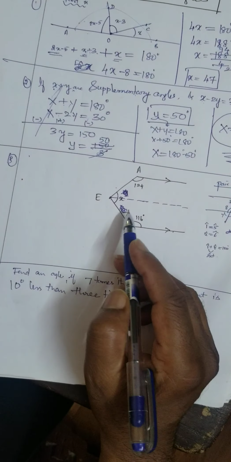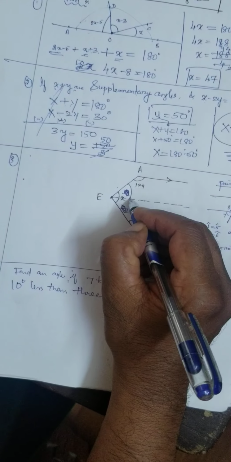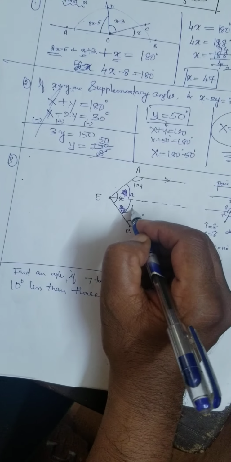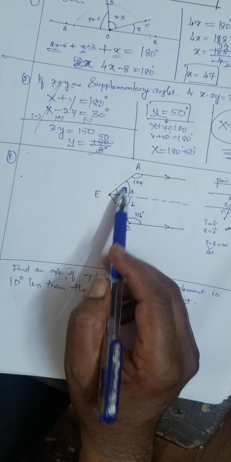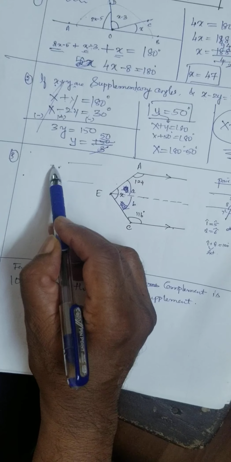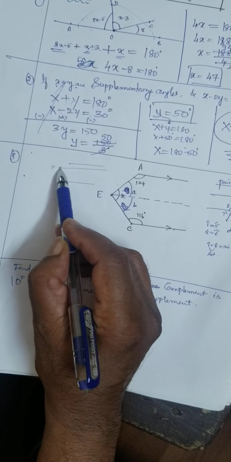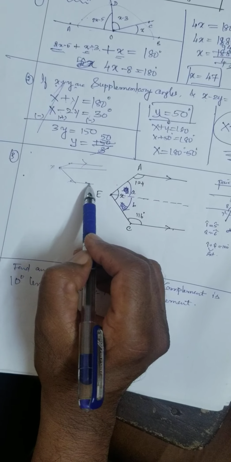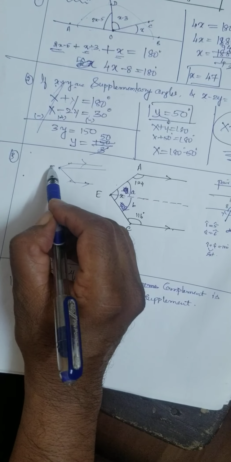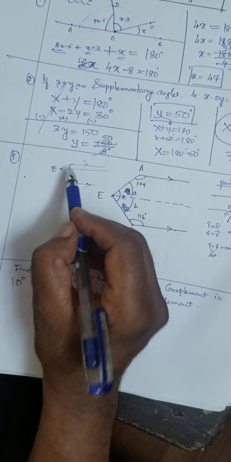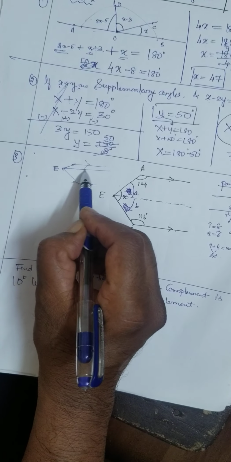See, this is not exactly equal. This is A, this is B. You put it like this. Though in the diagram it looks equal, suppose x is like this, you write parallel to this, the actual diagram may be like this. Okay, here E.